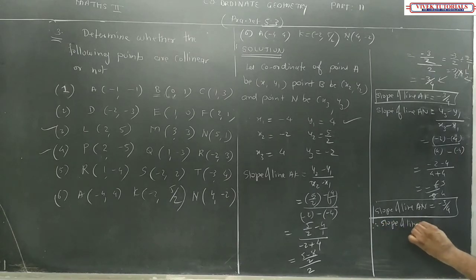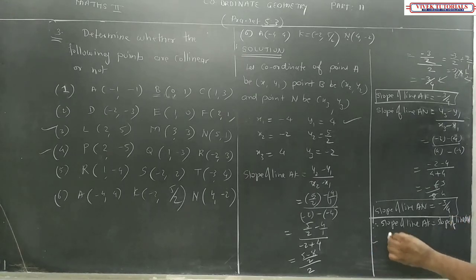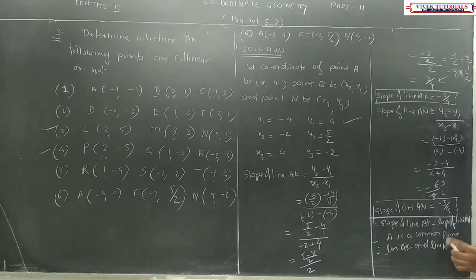Therefore, the slope of line AK is equal to the slope of line AN, and in this case A is a common point. Therefore line AK and line AN is the same line.